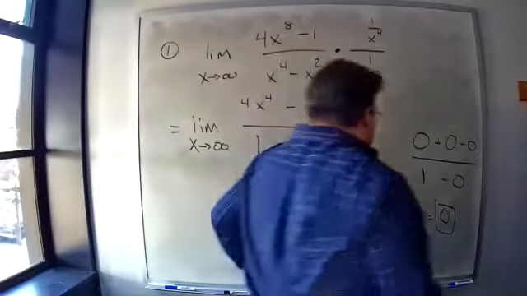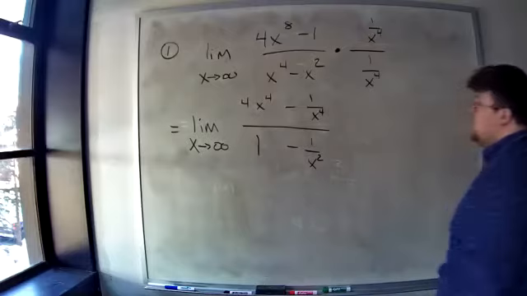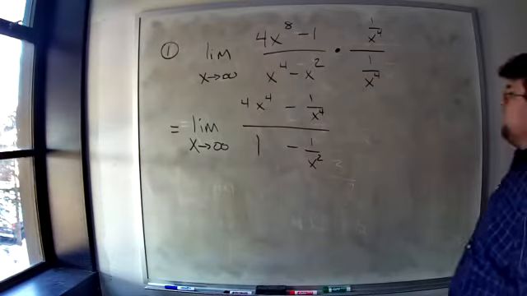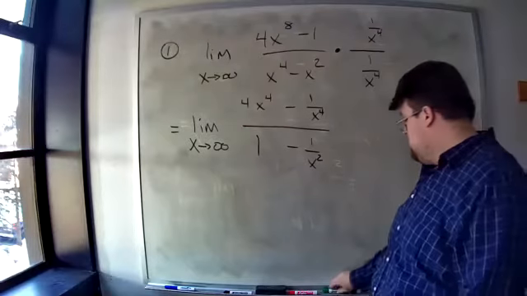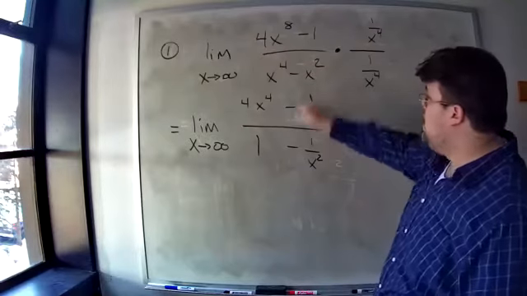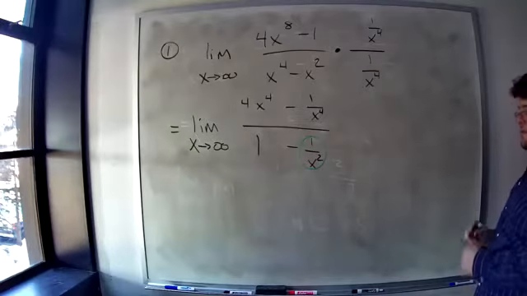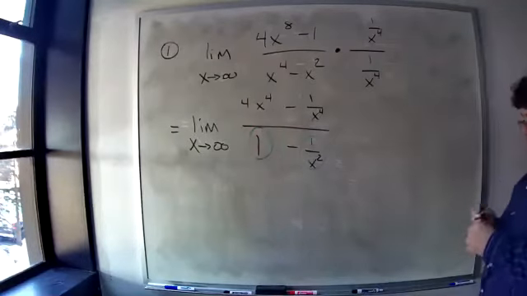Now, to do this limit, I'm going to do it in 2 steps, actually. I'm going to first notice as x goes to infinity, this term up here and this term down here will go to 0. This term over here goes to 1 as x goes to infinity.